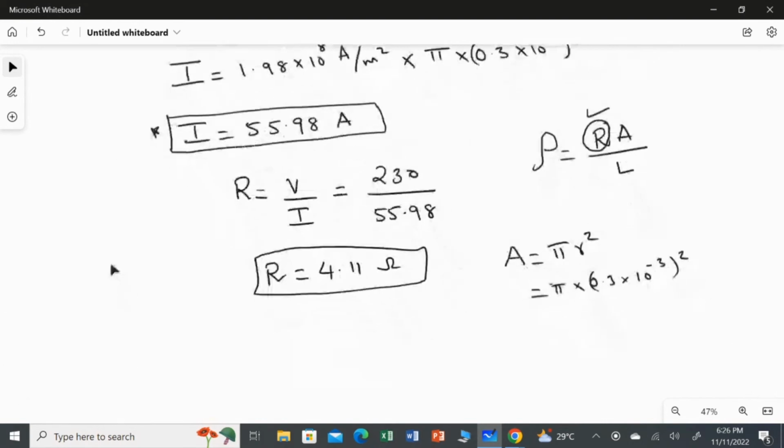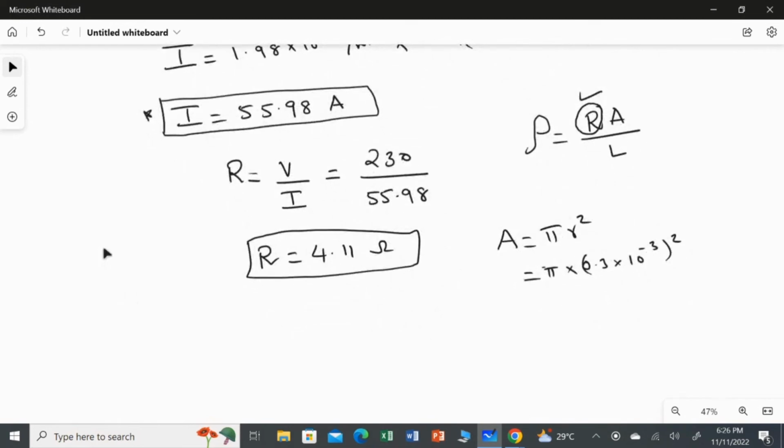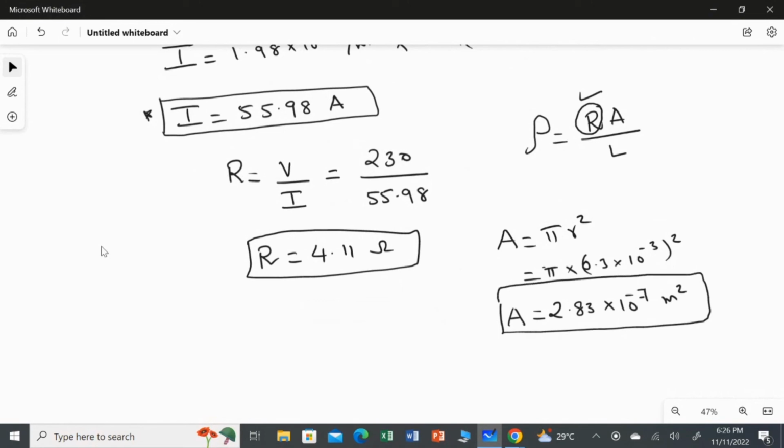So let's find the value of the area, pi multiplied by r, which is 0.3 times 10 power minus 3, the whole square. So actually the area value is 2.83 multiplied by 10 power minus 7. What's the unit for the area? Just meter square, correct?